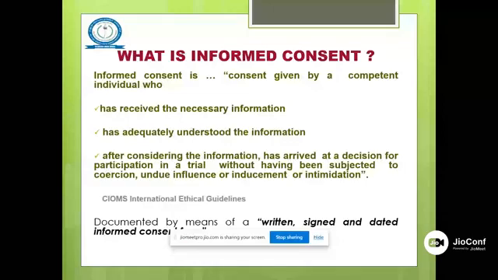So without having been subjected to any coercion, any undue influence or duress or inducement or intimidation, so without any pressure, one has received the necessary information, one has adequately understood the information related to the trial or the research that the individual is going to be a part of, and has arrived at a decision for participation.